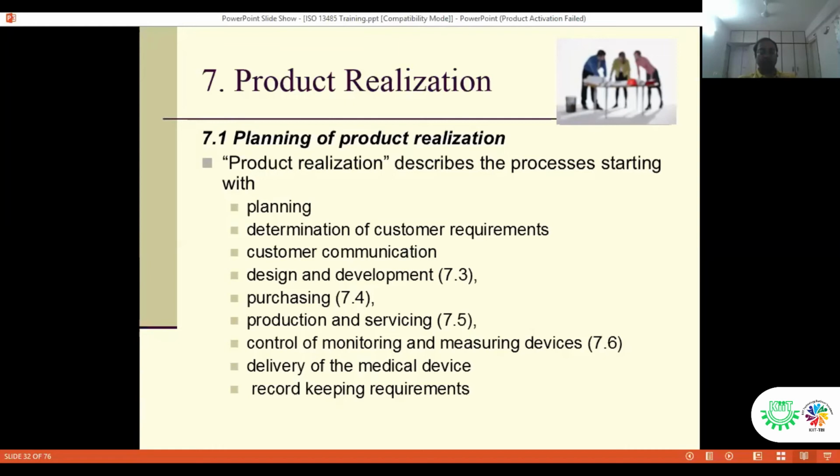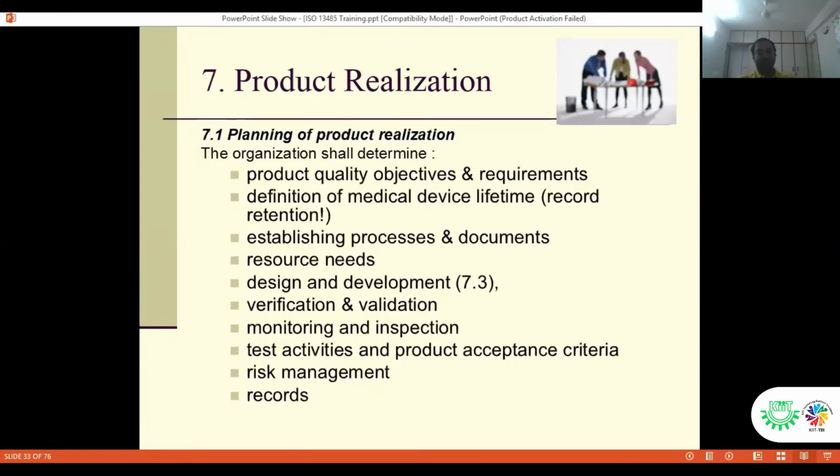Clause 7.1 talks about the planning of the manufacturing activities, determination of customer requirements, customer communications, design and development requirements, purchasing requirements, production and servicing requirements, control of monitoring and measurement devices, and record keeping requirements. I will take care of each of these clauses from here onwards.